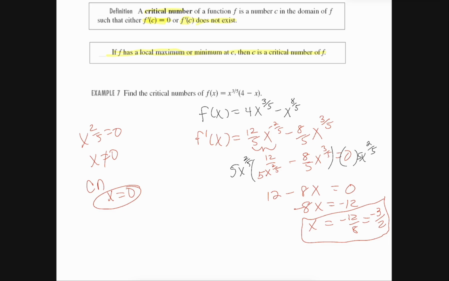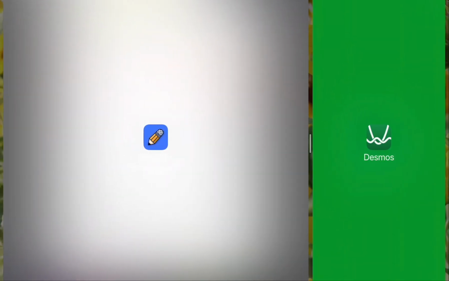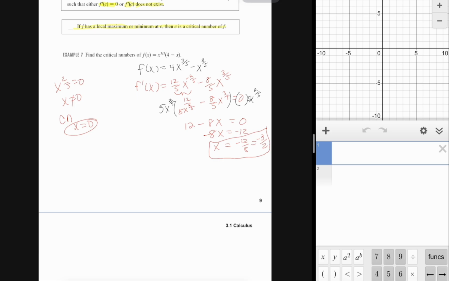Okay, so let's go into Desmos. At least I'm going to do my best here. Let's put that function into Desmos as it was originally written. So that was x to the power of 3 fifths times the quantity of 4 minus x.